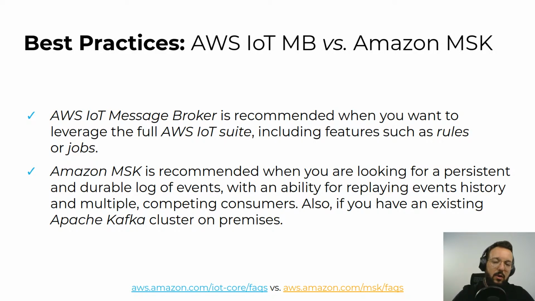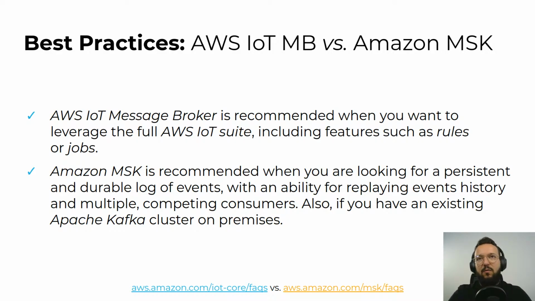So the only problematic choice is between IoT Message Broker and Amazon MQ. And in my opinion, if you already have an existing message broker for MQTT on premises, the safer choice will probably be to migrate to Amazon MQ and then maybe re-architect to AWS IoT Message Broker.